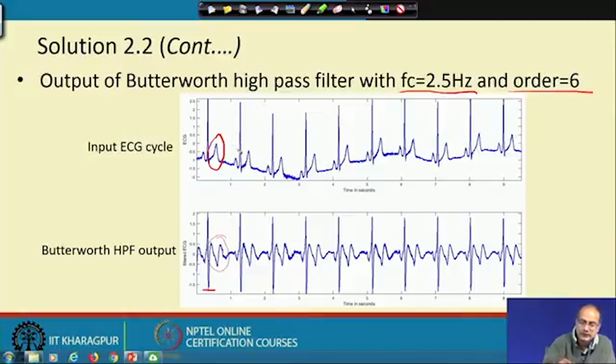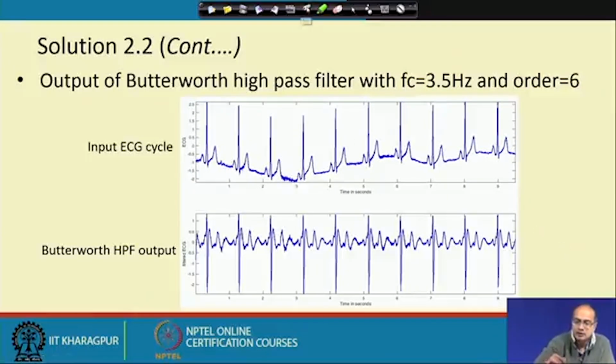Now, the QRS complex looks like an oscillation which is almost equal on both sides, and if you look at the P wave, it looks like it is completely lost. So, there is a huge amount of distortion in the signal. So, this is not a suitable combination.